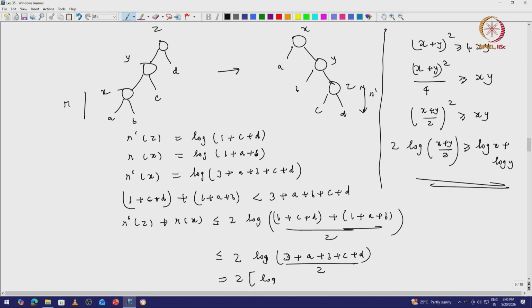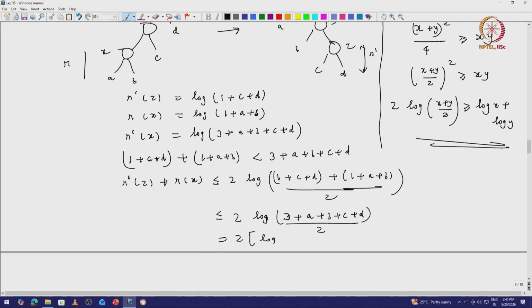That is equal to 2 times log of 3 plus a plus b plus c plus d, which is r dash x, minus log 2, which is 1.